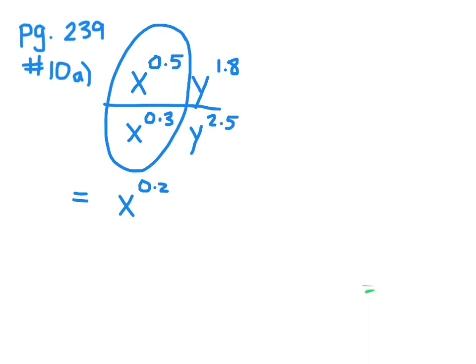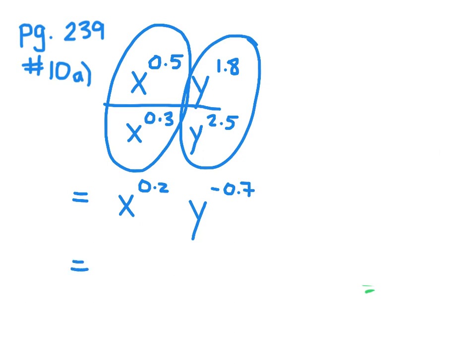And then can't I do the same with the y's? y to the power of 1.8 divided by y to the power of 2.5. I can keep the base the same, like the rule states, subtract the two exponents, and 1.8 minus 2.5, I get negative 0.7.